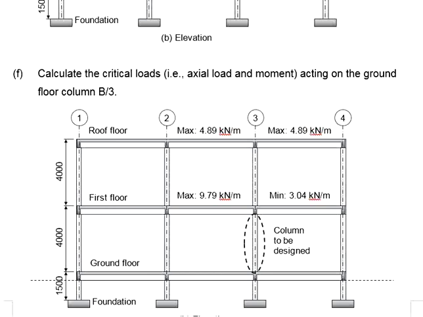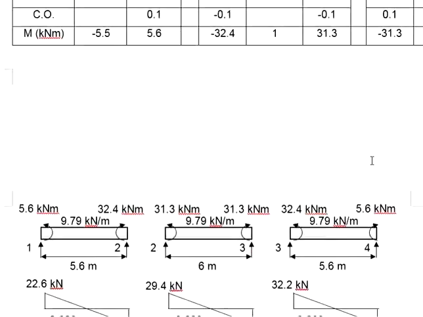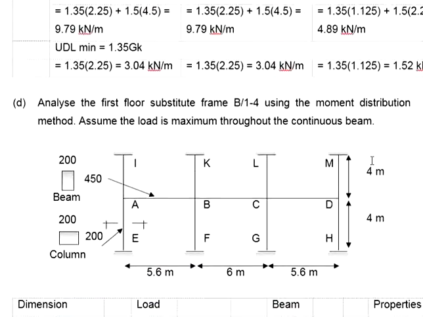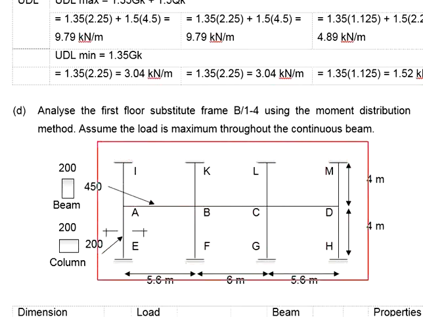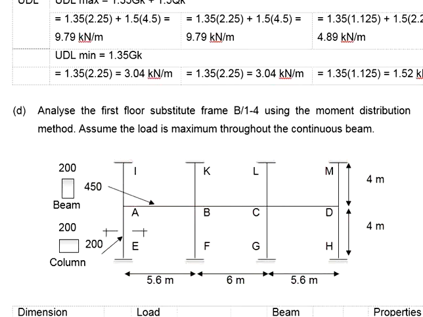Now, if you wish to know the more accurate calculations, theoretically, you will have to go through the moment distribution methods. There are two types of moment distribution methods. One is the moment distribution method only considering the continuous beam. Another one, you will consider the moment distribution for the entire frame.